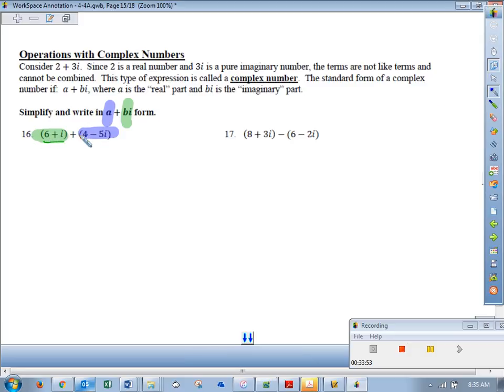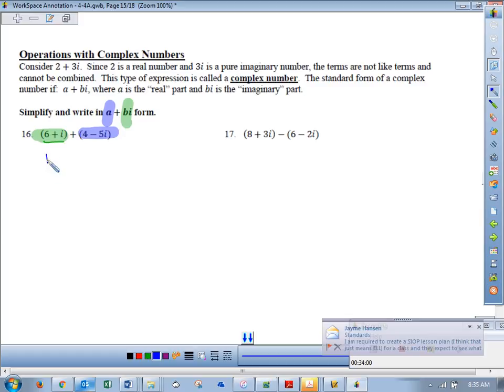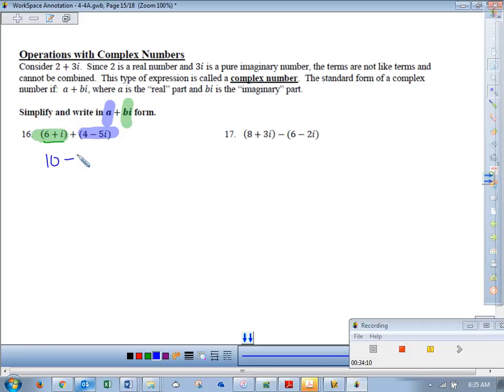Add them together. What you got? 10. Then imaginaries, you'll have i plus negative 5i, which is how much? Negative 4i. And that's in what we call standard complex form. Cool? Real plus imaginary.